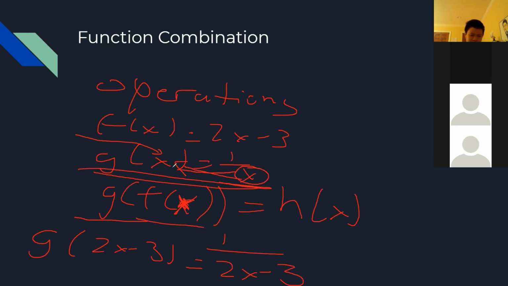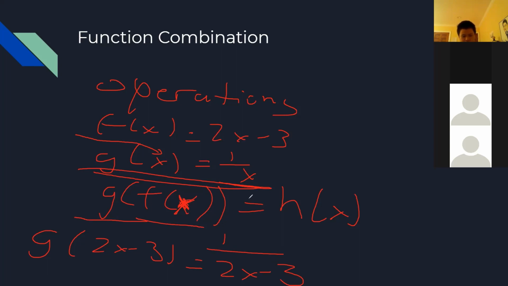This is more of a substitute for this. Since the result of the input determines what gets put in the actual equation, this gets substituted into this, which is 2x minus 3, and so the final h(x) would be 1 over 2x minus 3.